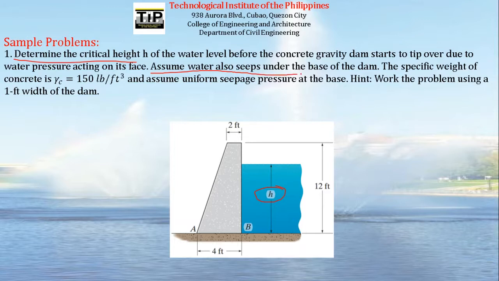Assume water also seeps under the base of the dam. Specific weight of concrete is 150 pounds per cubic foot, and assume uniform seepage pressure at the base. So we have a rectangular seepage pressure here. Okay, we have a hint. Work the problem using a 1 foot width of the dam.